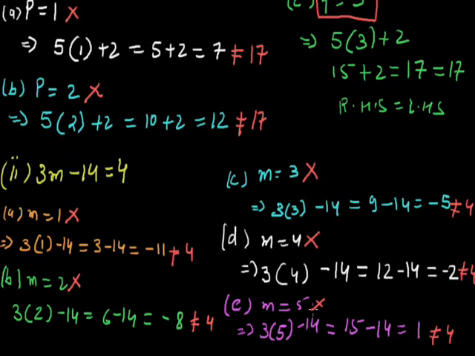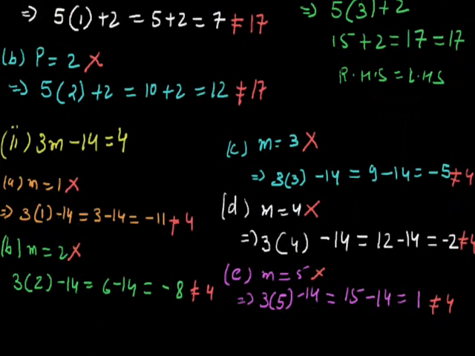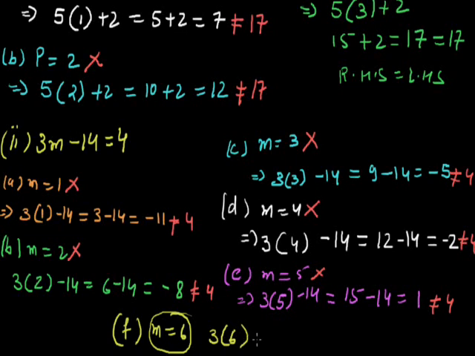So we have to try one more value. Let us try m is equal to 6. Now when m is equal to 6, we will have 3 into 6 minus 14. That will be 18 minus 14, which will give you 4.